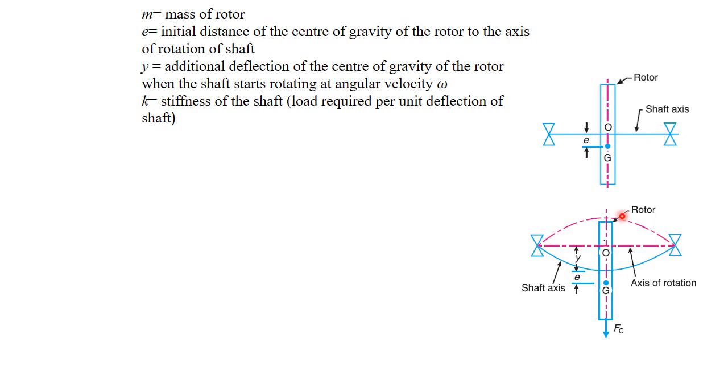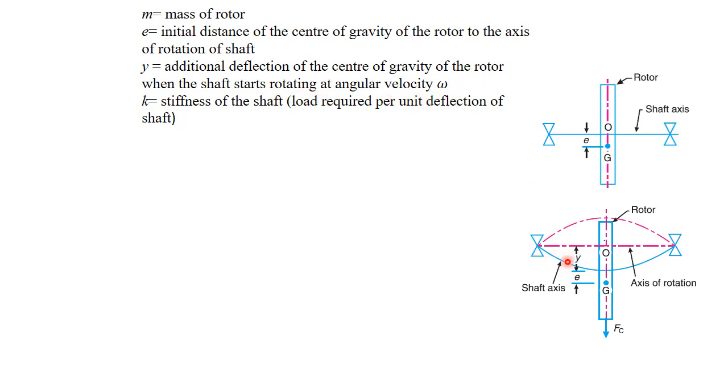When the shaft starts rotating, in addition to this gap between the centroid and the axis of rotation, there is a newly formed deflection, that is y. This is the additional deflection as the shaft starts rotating with an angular velocity omega.